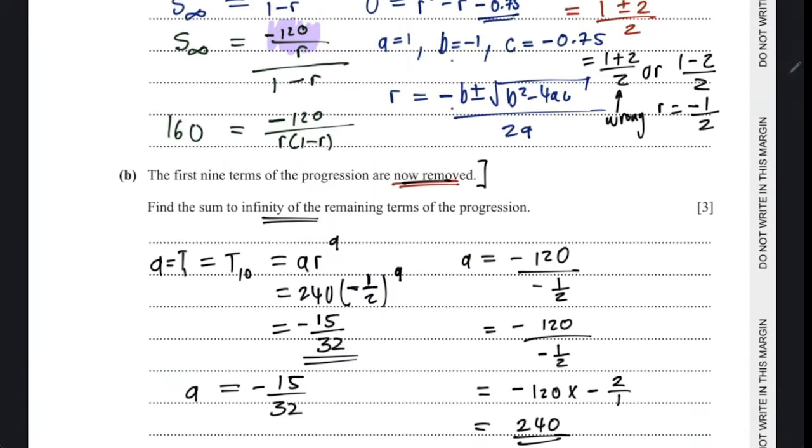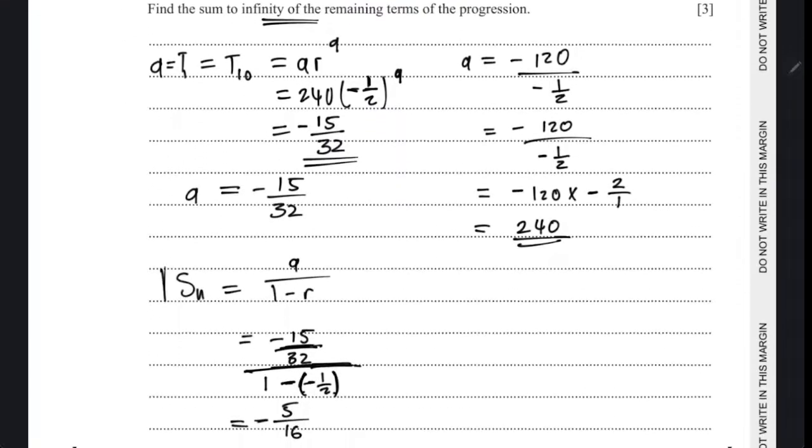So the secret is actually on 1, writing what they've said. So when they say the first 9 terms are now removed, that means the first term is the 10th term. That's basically what it means. So you have to write that down, okay? Then from there, you can now go to sum to infinity. Then find it.